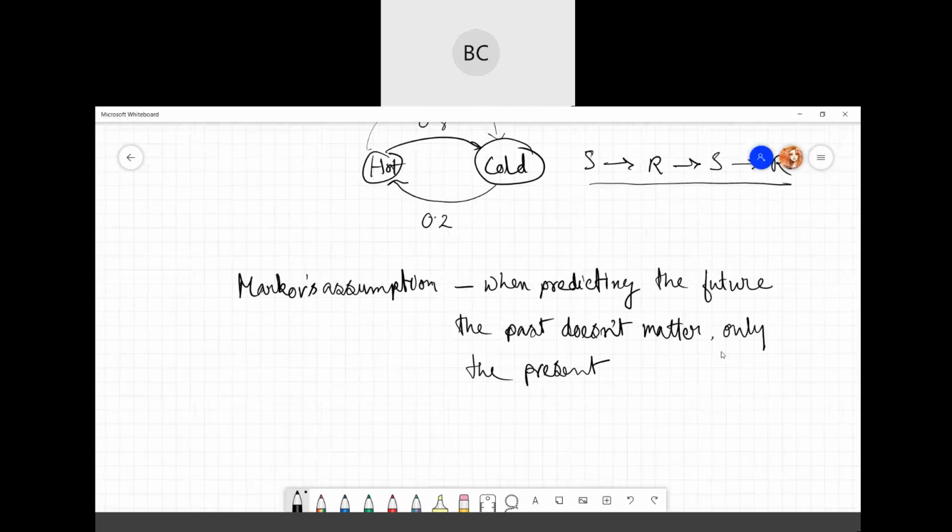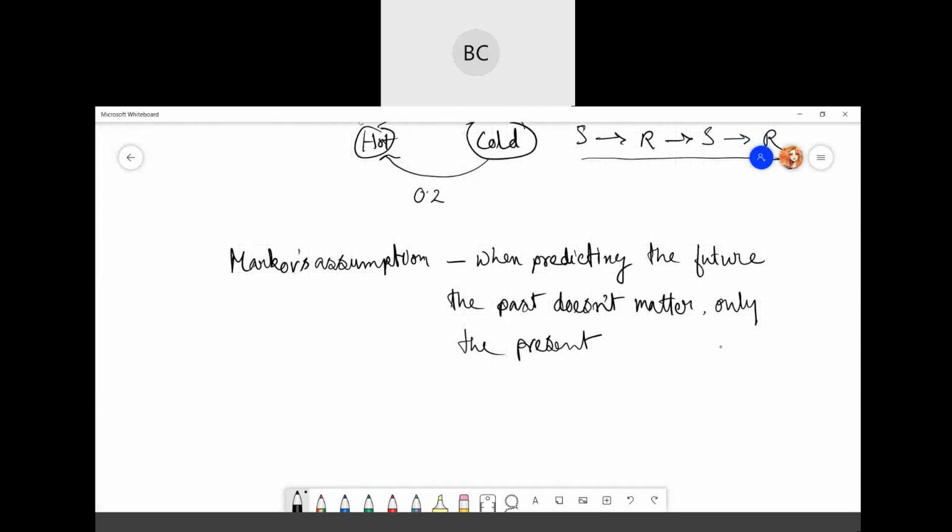You can also represent it with an equation: the probability of q_i equal to some value given q_1 to q_{i-1} equals the probability of q_i given q_{i-1}. Okay, it mainly depends on the present.